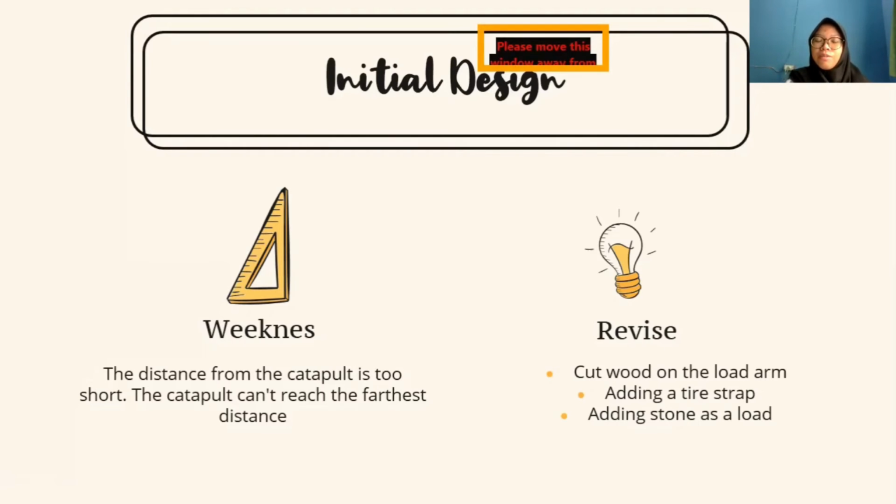As you can see from our initial video, our catapult can only throw the tennis ball about 1 meter, and it cannot reach the farthest distance. So we already revised it. We revised it in 3 steps. First is cutting the wood on the load arm, the second is adding a tire strap, and the third is adding stone as a load.